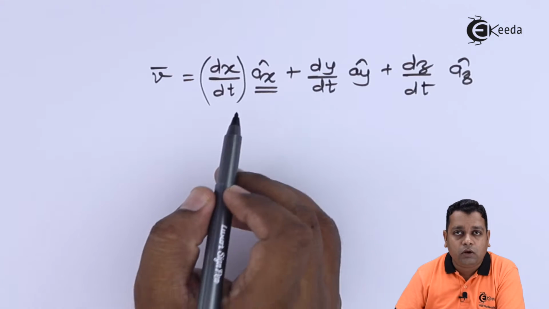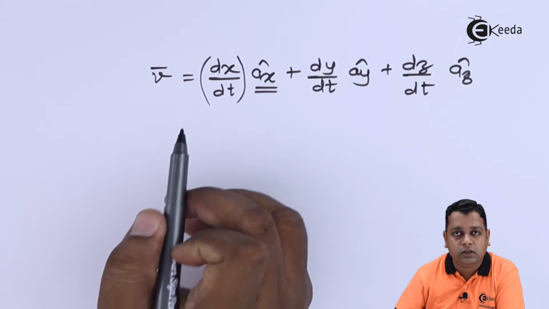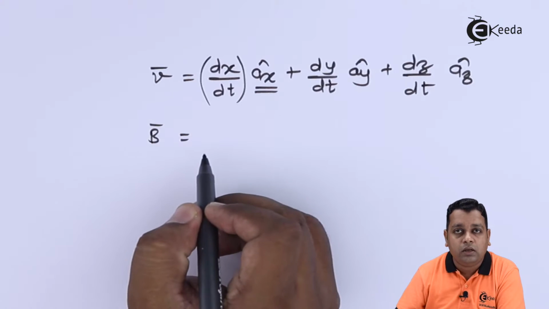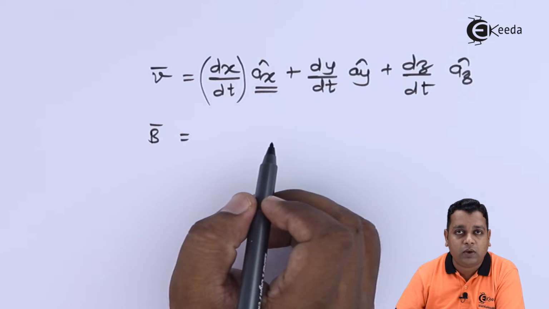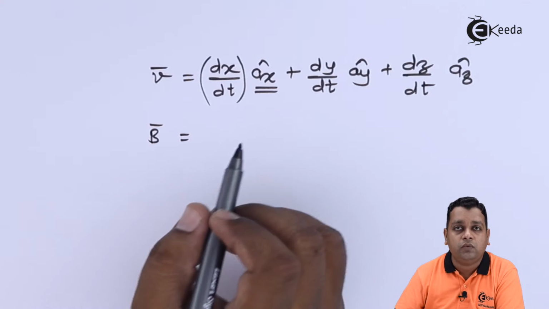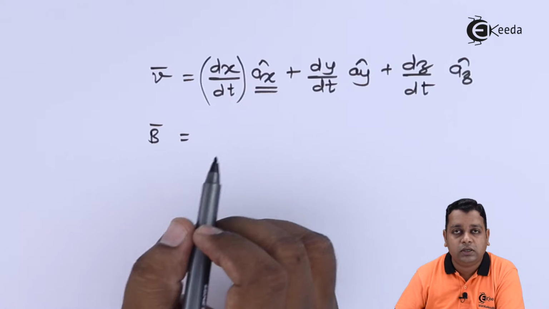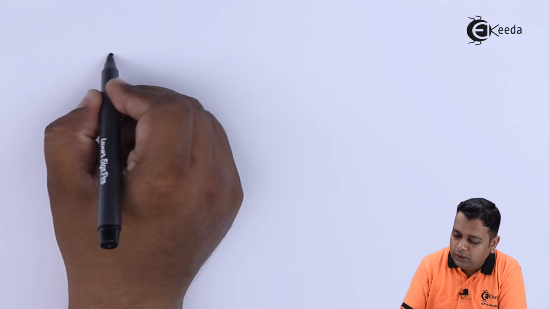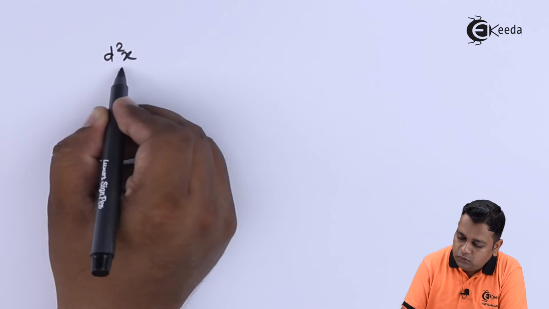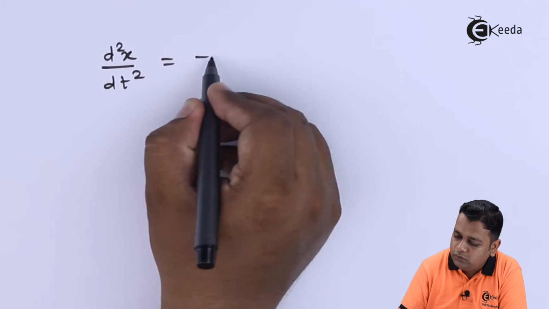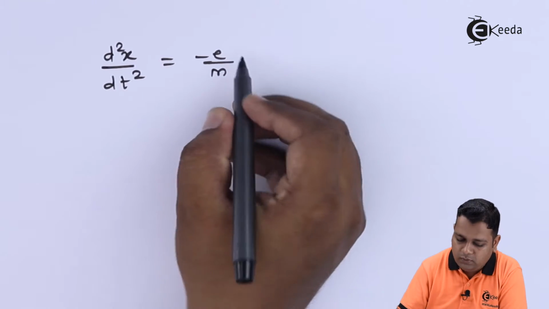So by formulating such a determinant along with the B bar expressed as Bx ax cap, By ay cap, Bz az cap in the rectangular coordinate system, we can have the three equations denoting the motion of the electron in the presence of a magnetic field. So the first equation will be d2x divided by dt square equals minus e divided by m.